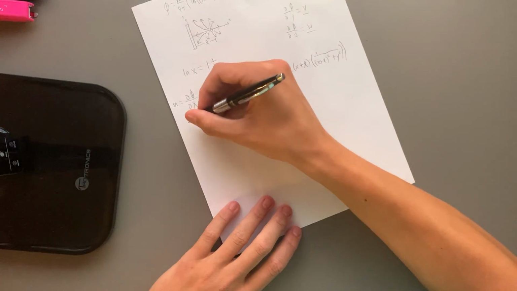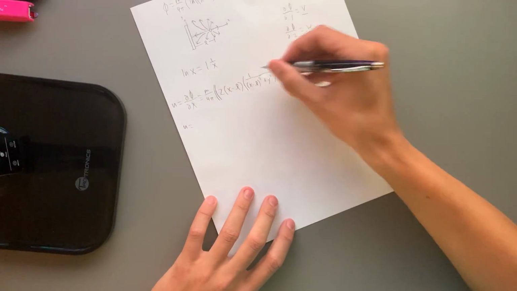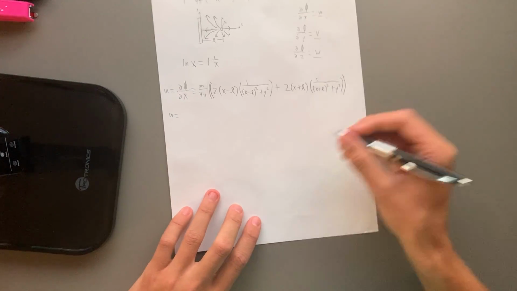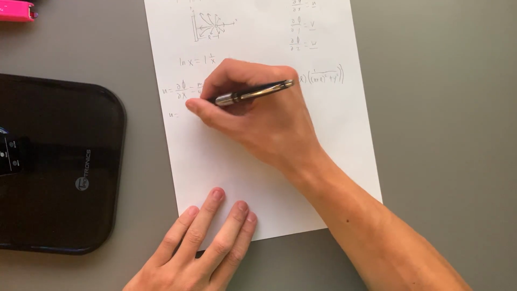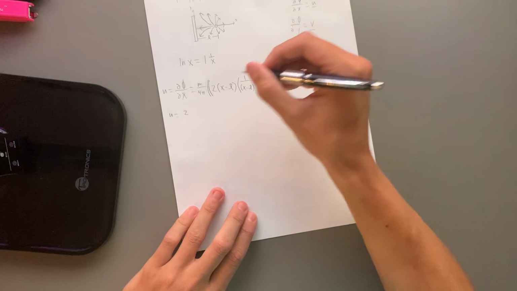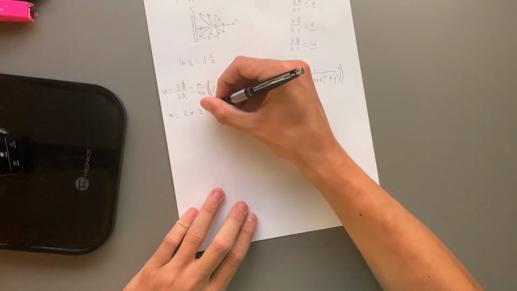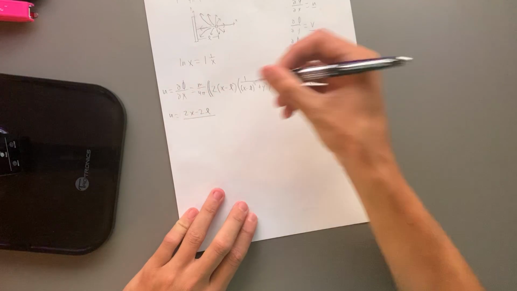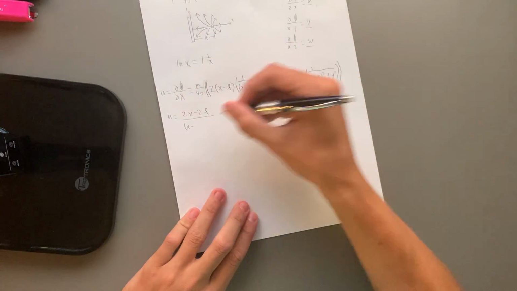So now simplifying this down, we get u equals, so this simply goes to the top, this simply goes to the top. So it's going to be 2x minus 2L over the original x minus L squared plus y squared.